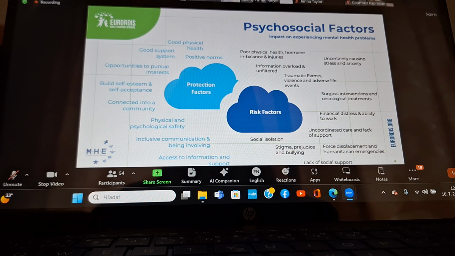Access to information and support is also one, and being able to have the opportunities to pursue your interests. These are called psychosocial factors which impact our mental health and well-being. It's not just simply something which comes from us. We're sensitive to the world we live in.